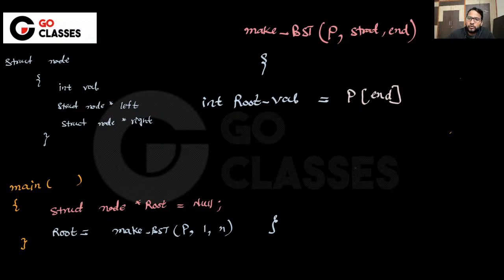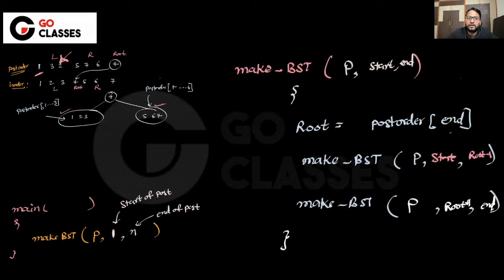Now if I have this root, what will I do? As I told you earlier, if I have the root, I will go to the in order and say that this is the root that I have. Then I will make this a root, and I will be asking for the left and right subtree. So this is the root value that I finally got. Then what will I do?